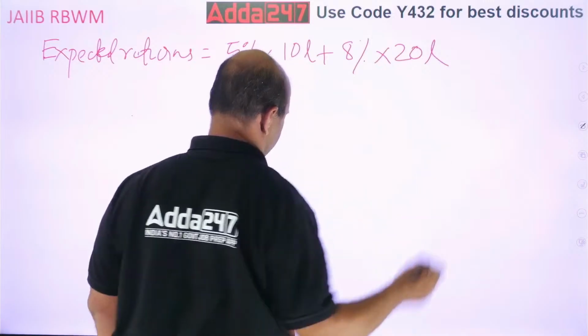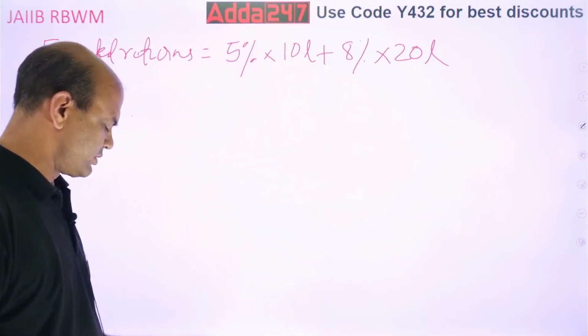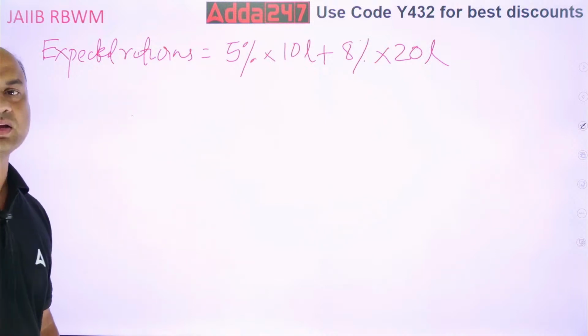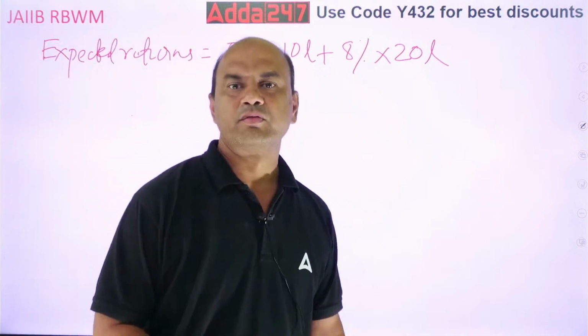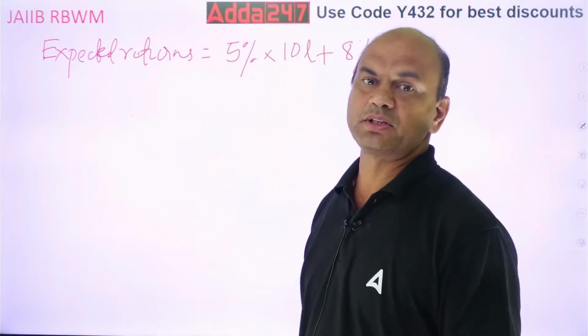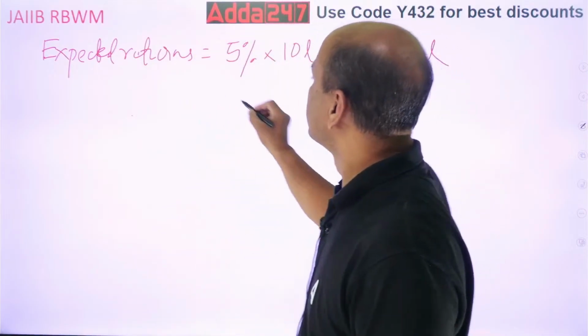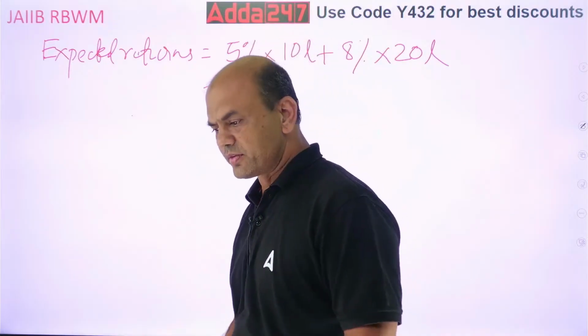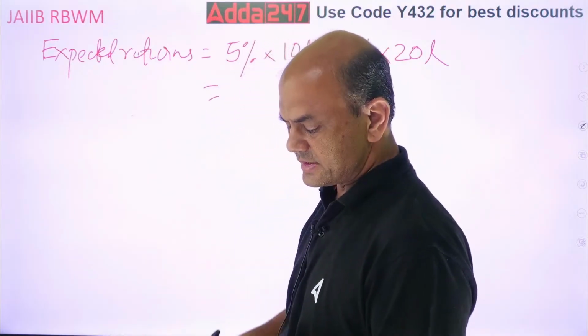So calculate it. 5% on 10 lakhs plus 8% on 20 lakhs. Do it, everyone. What is the answer? What are you getting, everyone? Do it fast. I'll also do it on the calculator.